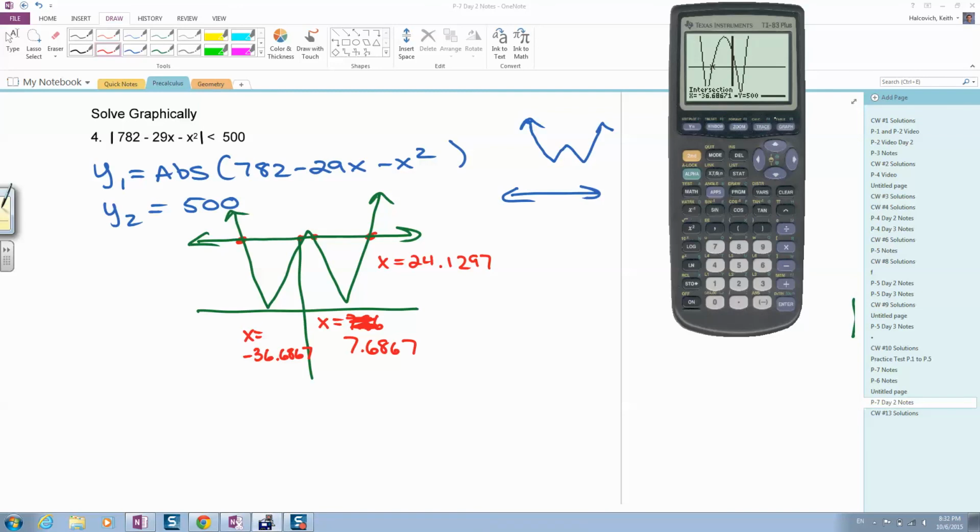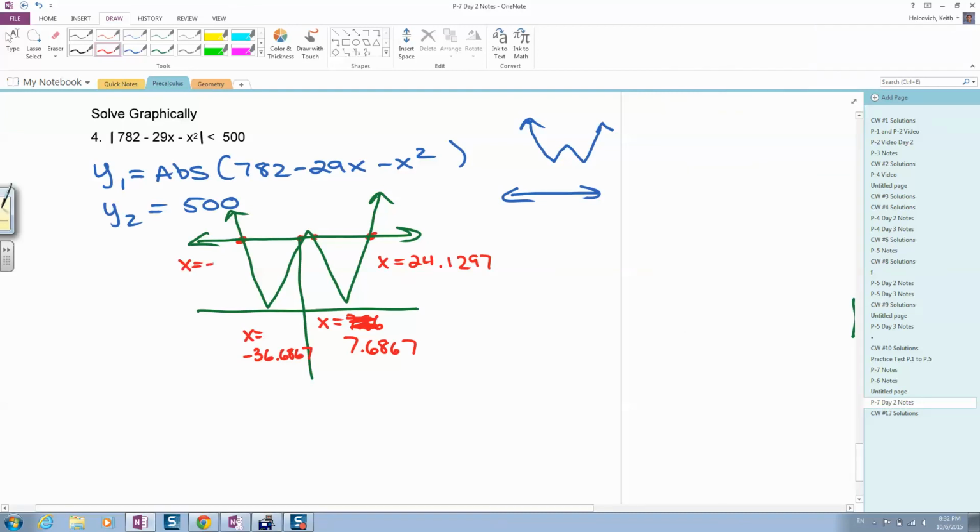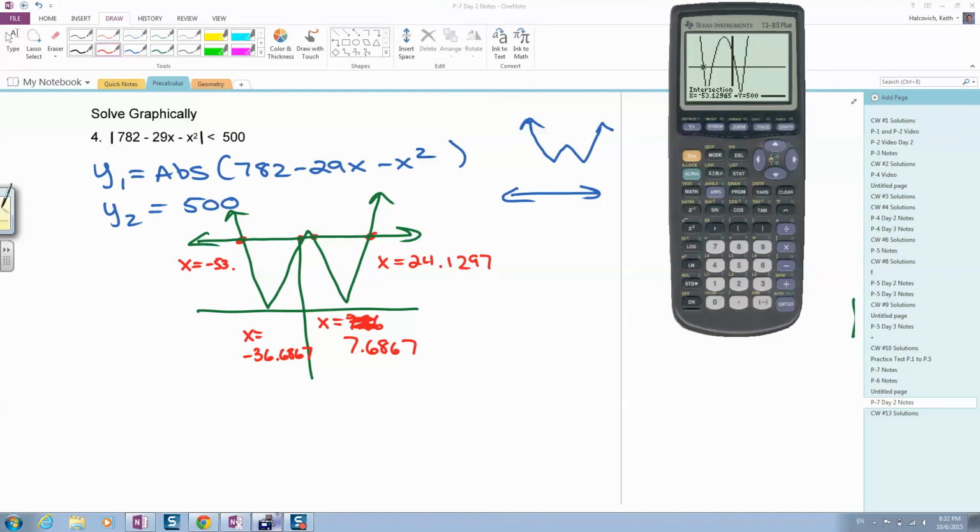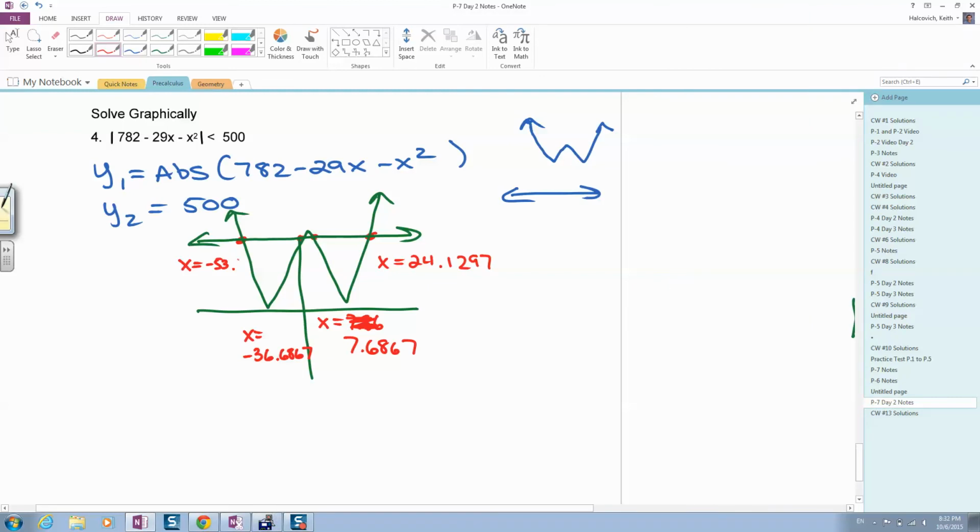Last but not least, negative 53.1297. All right, so those are our 4 intersections.